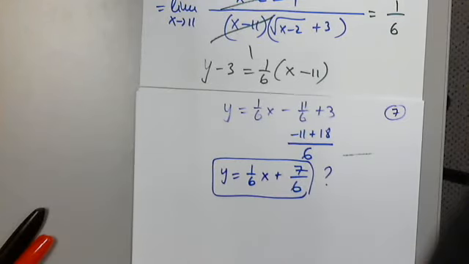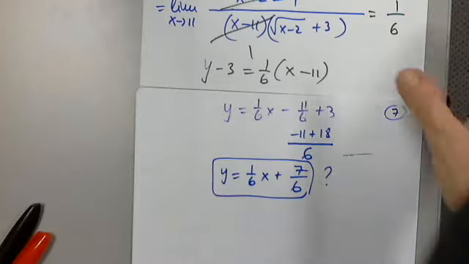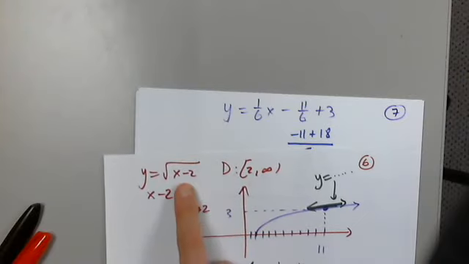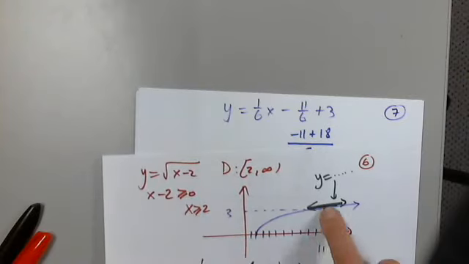One more time. Can anyone tell us what this represents? What this represents? It's the equation. It's the equation of the tangent line to the graph of the square root of x minus 2 at the point. Slope. Very good.